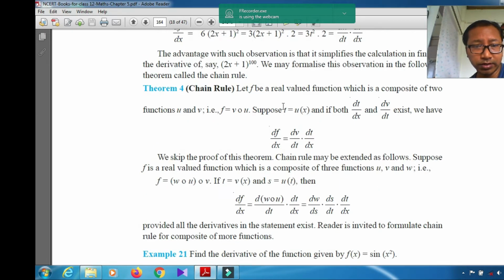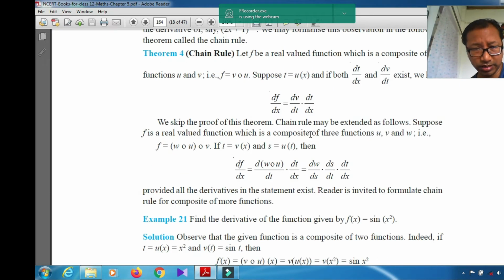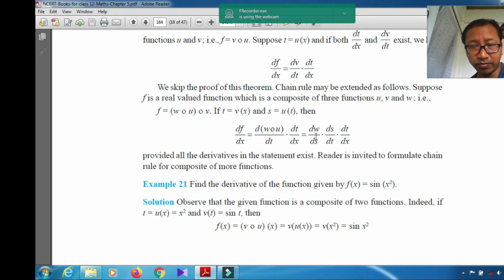Let f be a real valued function, and the function is a composite of two functions, u and v, and if dt by dx and dv by dt both exist, then we can extend this differentiation like this. This chain rule can be applied to many composite functions. It may be a composition of 2 or 3 or even 4 functions, then the chain will extend in that way.